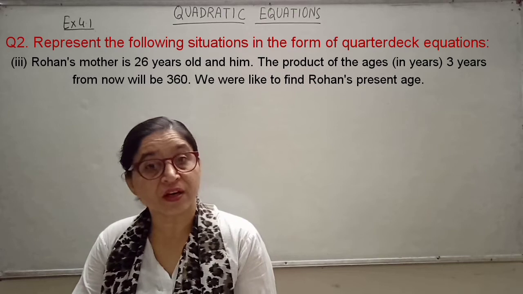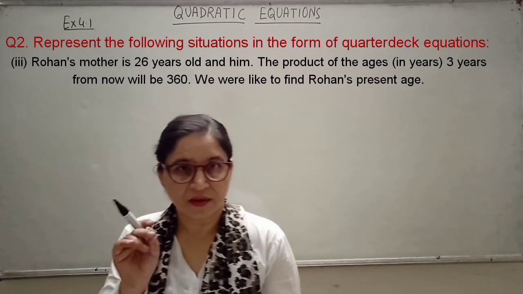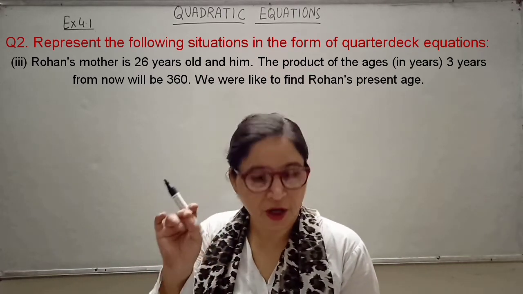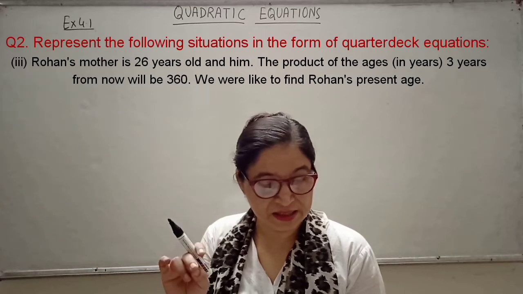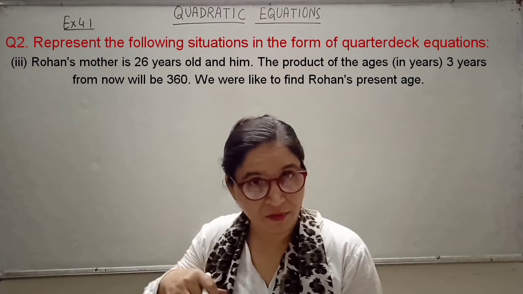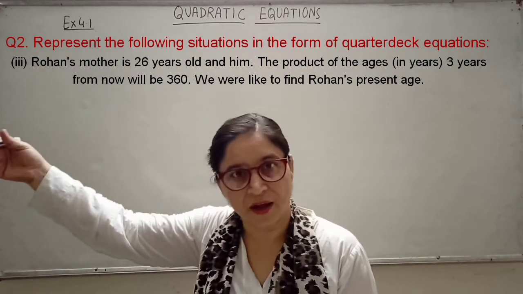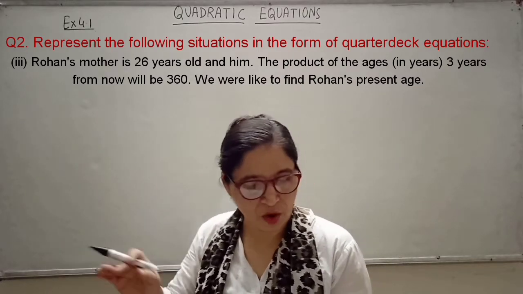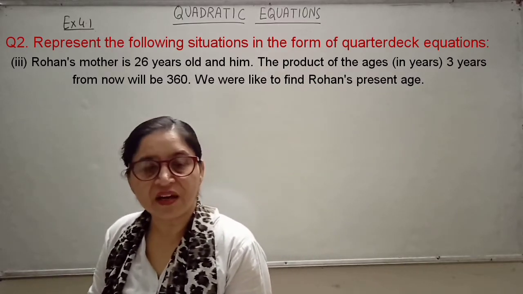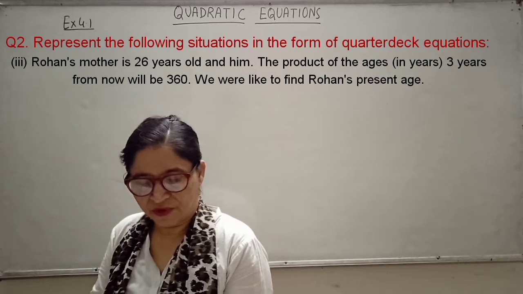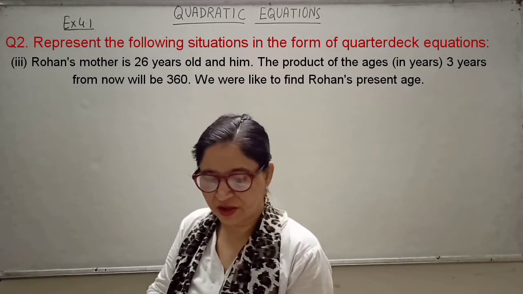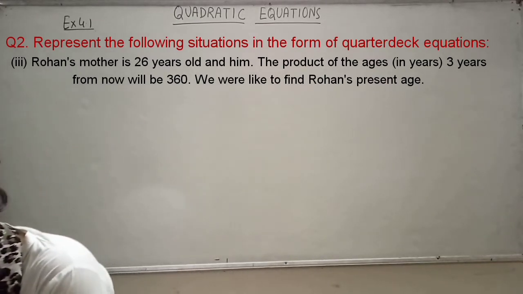And the product of their ages, listen it carefully, the product of their ages in years, not now, 3 years from now बोला है, 3 years from now will be 360. We would like to find Rohan's present age.